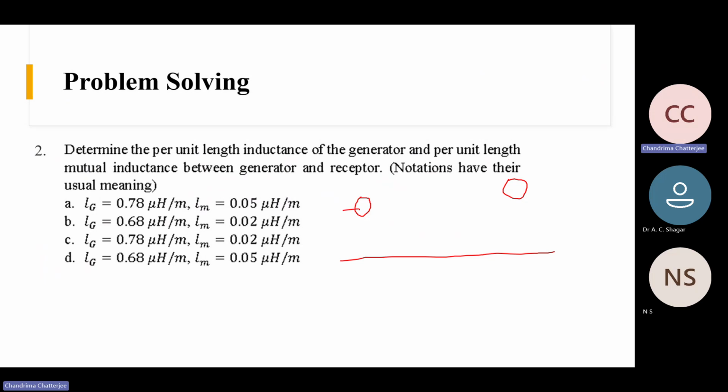This one is at a height of 1 centimeter, and this one is at a height of 1.5 centimeter. And the distance between them is given as 3 centimeter.